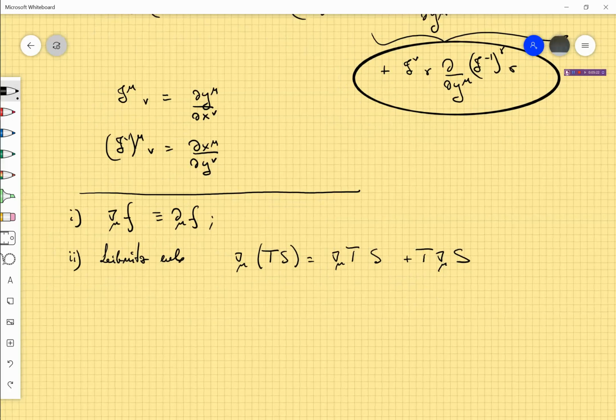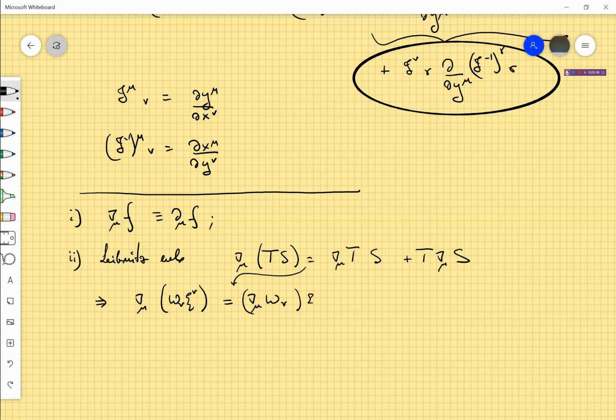Then the consequence of this definition is that if you take the covariant derivative of the contraction of a one form and a vector, which is a function, you have, using this property, that this has to be this.